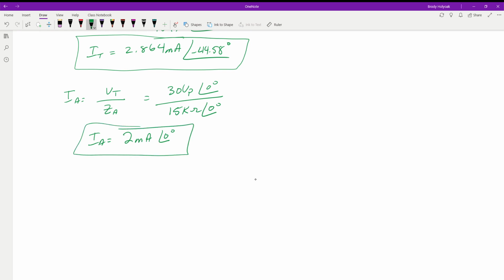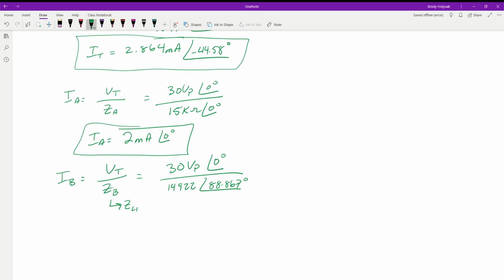And now we're going to take the current through B. Again, it's equal to the voltage drop divided by the impedance of B. And remember, since all that we have in B is just the impedance of inductor 1, it makes it really easy. So we have 30 volts peak at 0 degrees, and we divide that by the impedance, which is 14,922 at 88.867 degrees.